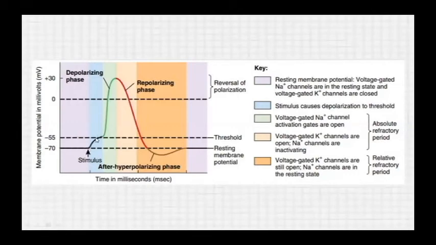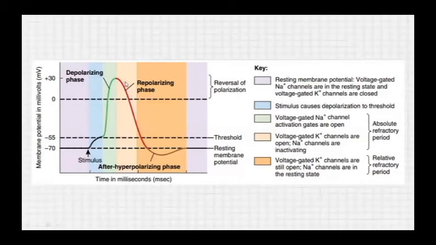Once it reaches the threshold, the voltage-gated sodium ion channels start to open, which makes the membrane much more depolarized, reaching the peak of the depolarizing phase. Once the voltage-gated potassium channels have also opened and the sodium ion channels start to inactivate, it starts to repolarize, or go back to the original resting membrane potential, which is -70 millivolts.